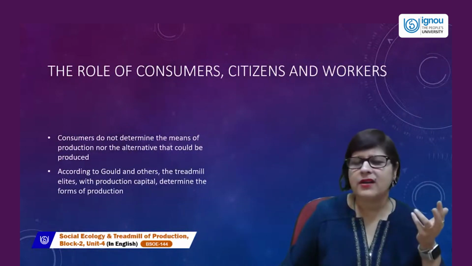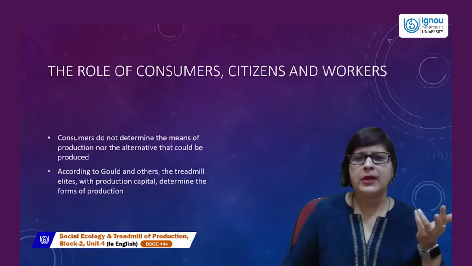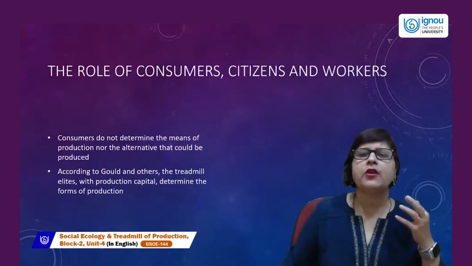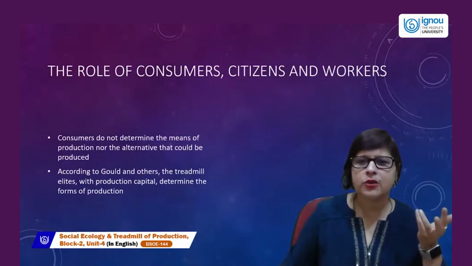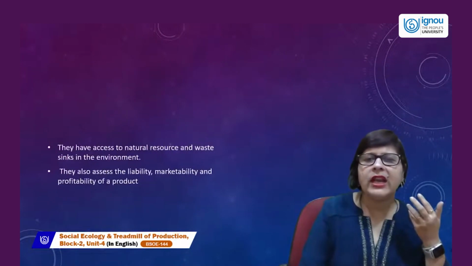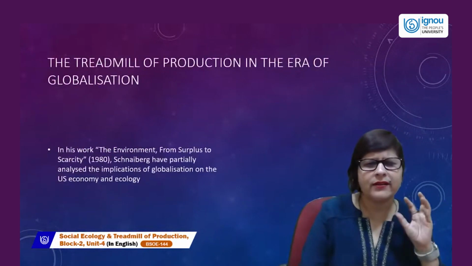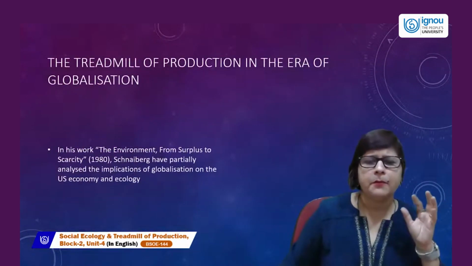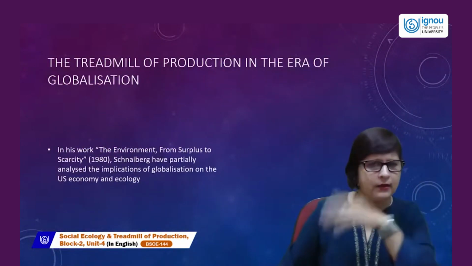The workers alone play no role in the production system. They just follow the instructions given to them by the owners, right? So only the citizen plays a certain role in the production system, right?